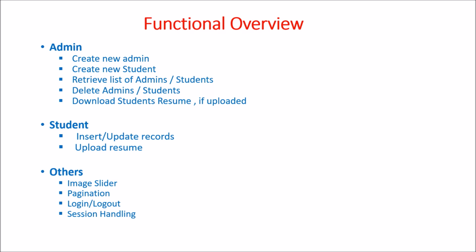Say in a school or college, there are new admissions, so a new student will arrive, so the admin can create a new student profile in the system, and admin can also create new admins so that other admins can also log in to the system and do whatever functionality is provided to the admin.